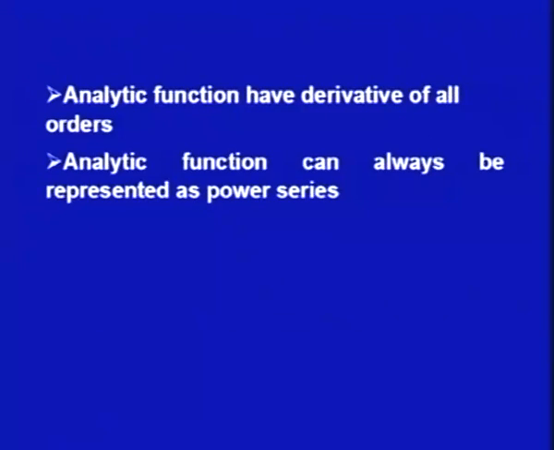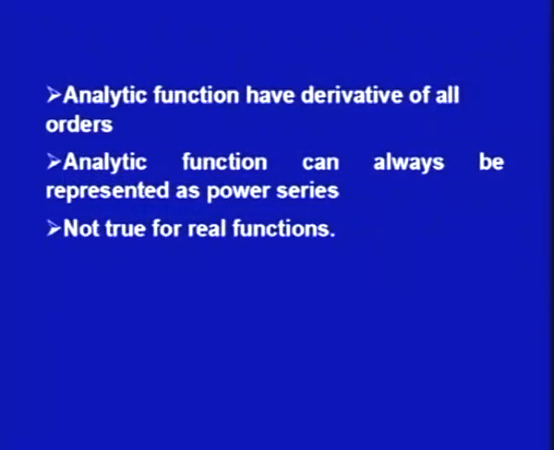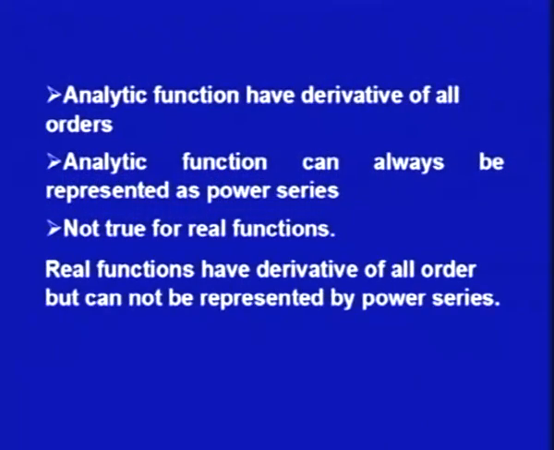An analytic function can always be represented as a power series, because they have derivatives of all orders, but this is not true for real functions. Real functions may have derivatives of all orders, but cannot be represented by power series. So, that is the basic difference between a function of a complex variable and a function of a real variable.